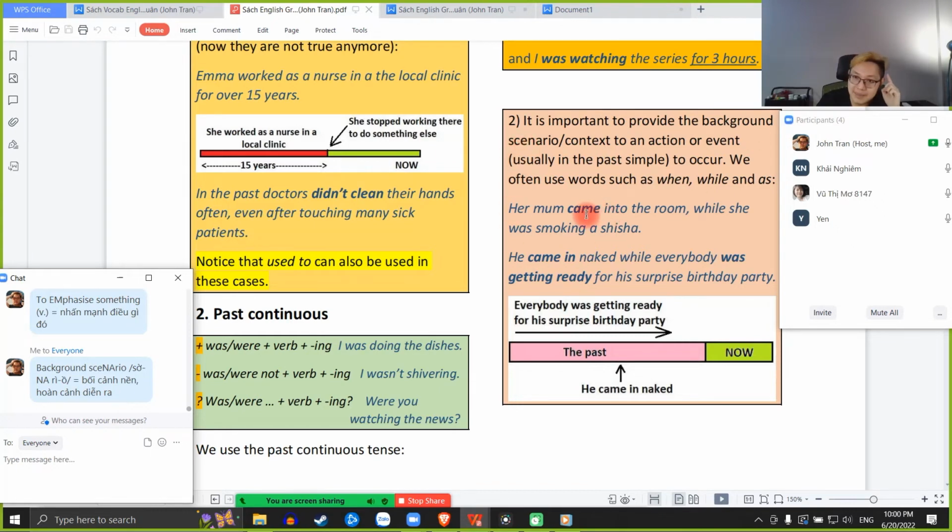The action is her mom came into the room. He came in naked. Anh này đi vào khỏa thân, trong khi mọi người đang getting ready, chuẩn bị cho bữa sinh nhật bất ngờ cho ảnh.